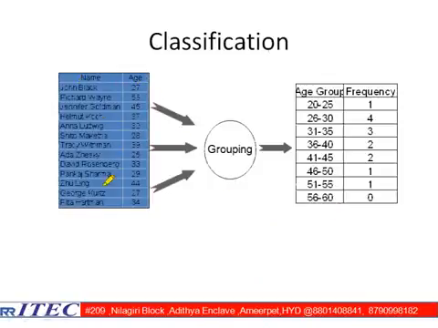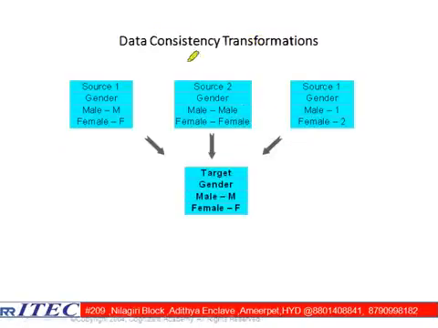I have data like this available. You need to show how many people are available in the 20 to 25 age group, and how many in the 26 to 30 age group. This is called classification or grouping. Next, data consistency. From one application, let us say the Facebook application, we get data like this.